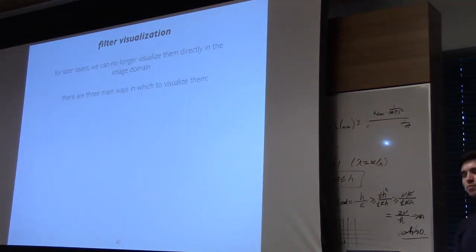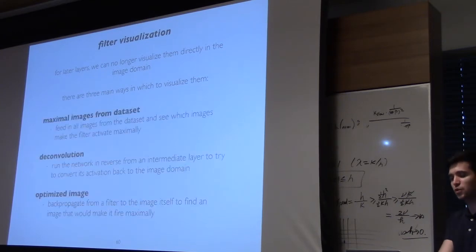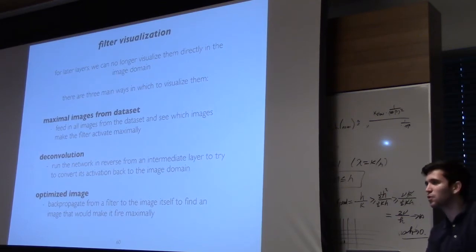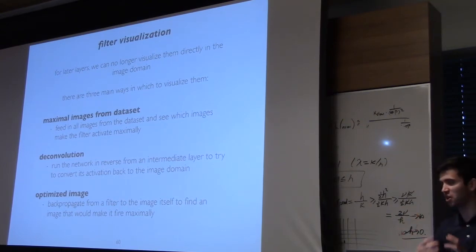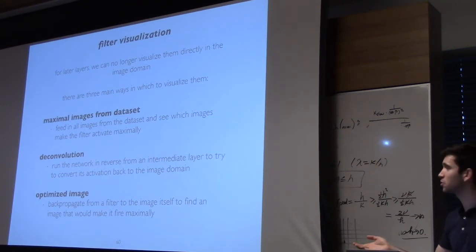Now, once you get beyond the first layer, you actually can't visualize these filters directly. You have to do a few tricks. So one thing you could think of doing would be, I'm going to feed my images into the network, and whenever I see this filter light up maximally, I'm going to keep that image, and I'm going to just say this image pretty much describes that filter. So that's one approach.